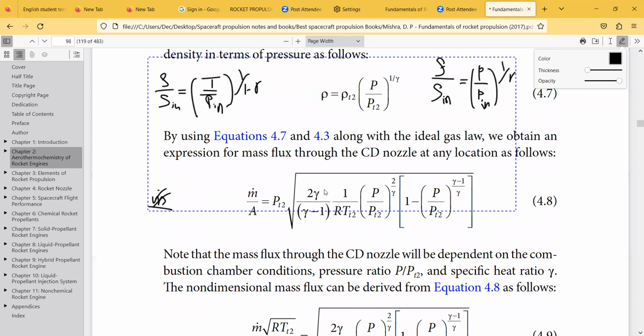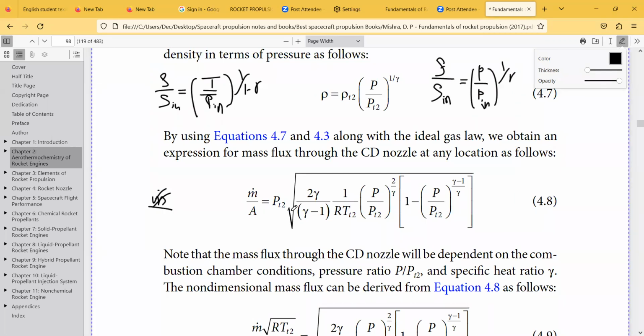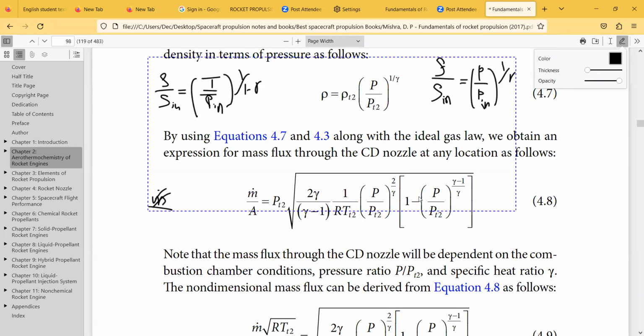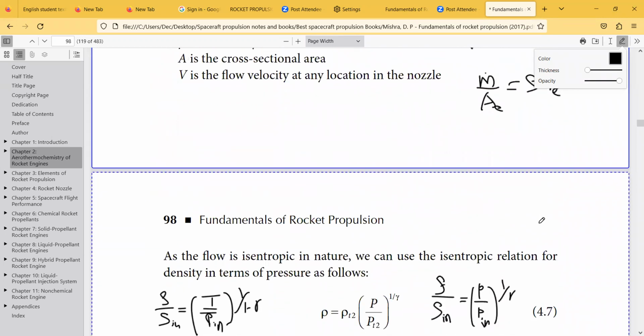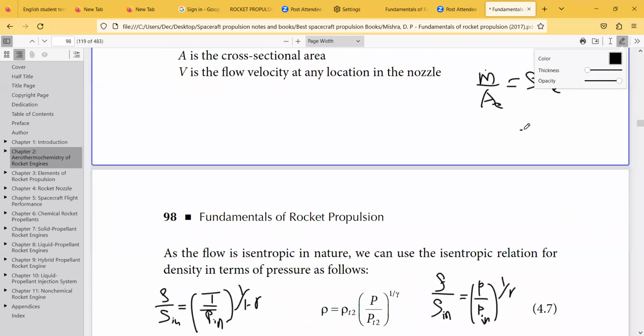When we substitute these equations together, we obtain this. Instead of density, we can substitute pressure. Here it is density, so we can define density in terms of pressure.